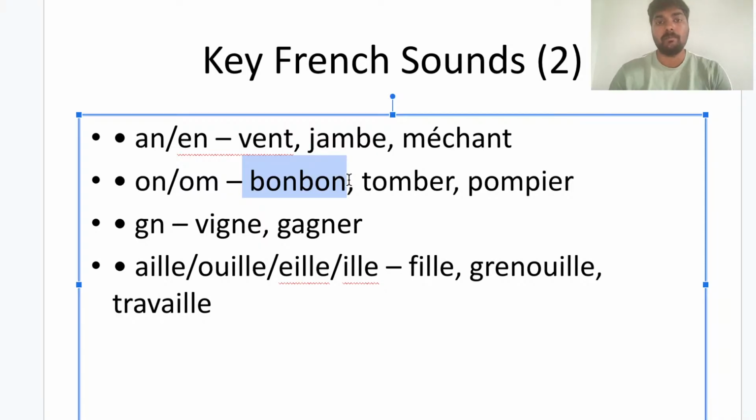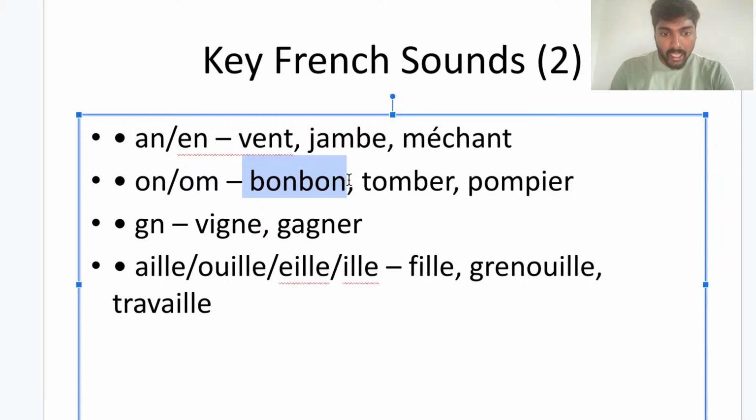Okay, pompier. Next, GN. Guys, see this. This is very important. GN is actually pronounced as nya. We have the Hindi word anya, right? So like that, like vigne, or gagne. Vigne means vineyard. Gagne means to win.